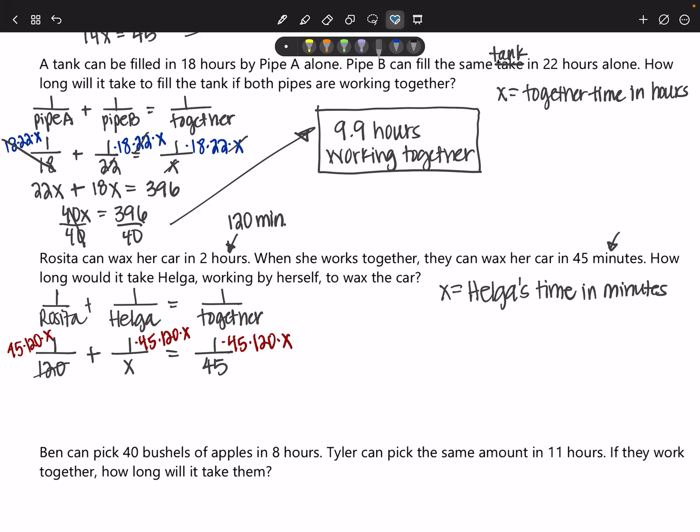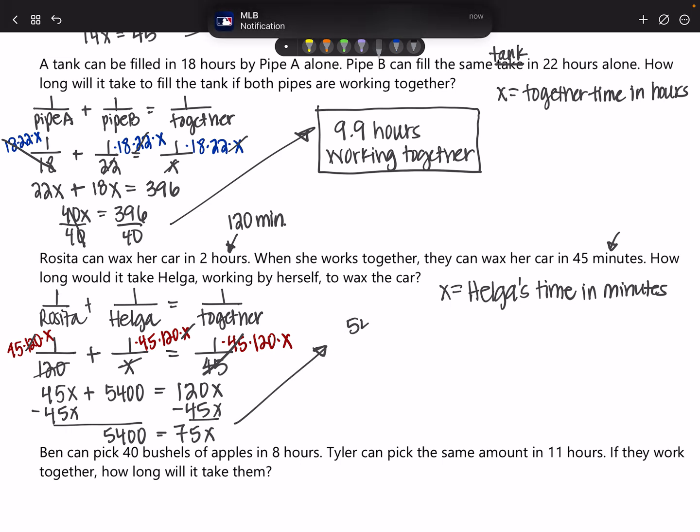The 120s go away and we have 45X plus, the X's go away, and 120 times 45 is equal to 5,400. Then the 45s go away and we have 120X. I'll subtract 45X from both sides. That's going to be 5,400 equals 75X.